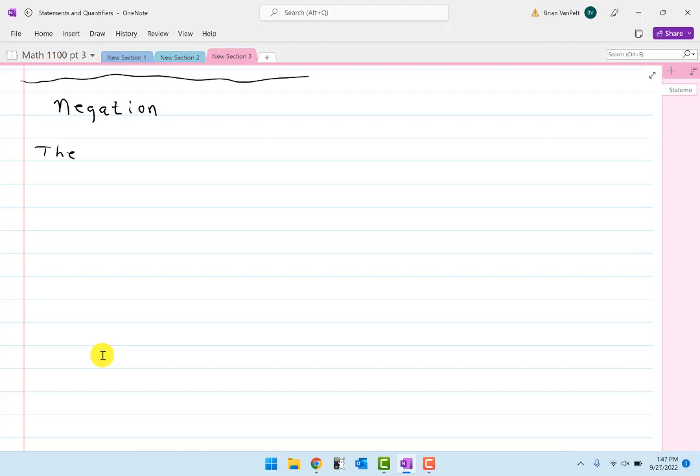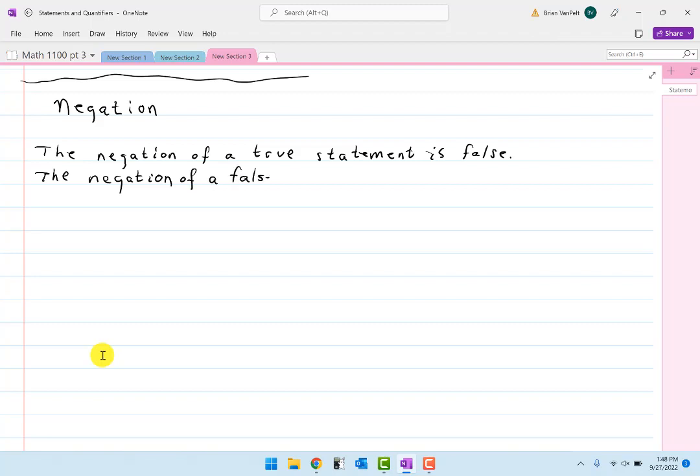The negation of a true statement is false, and vice versa. The negation of a false statement is true.